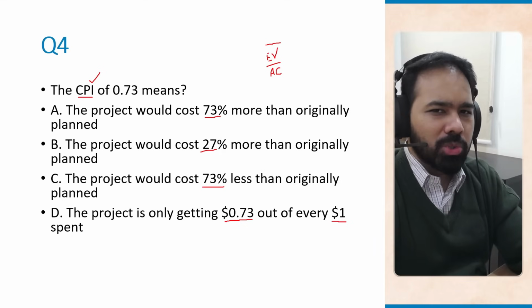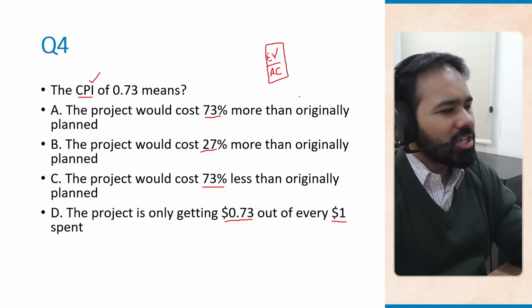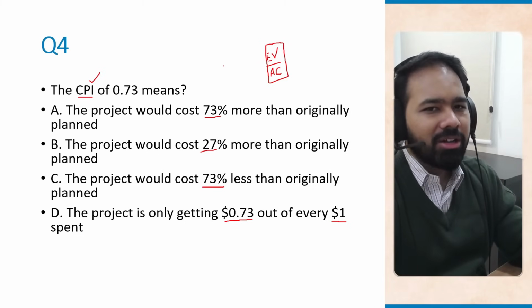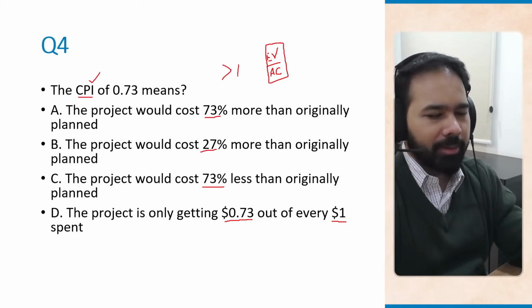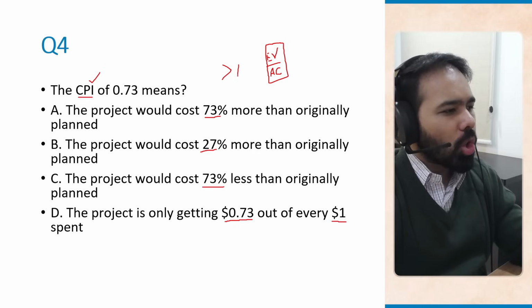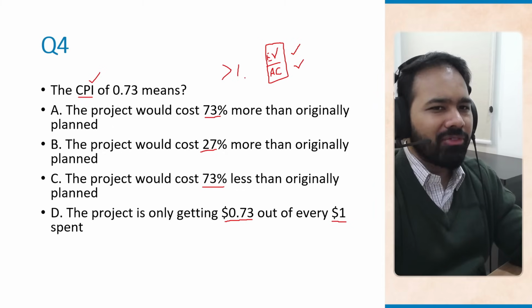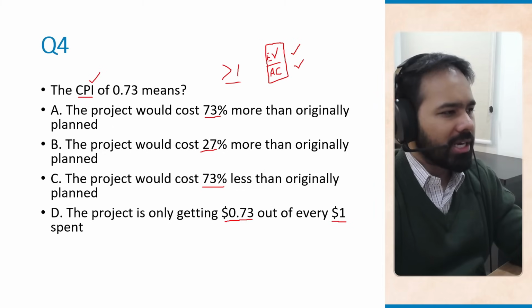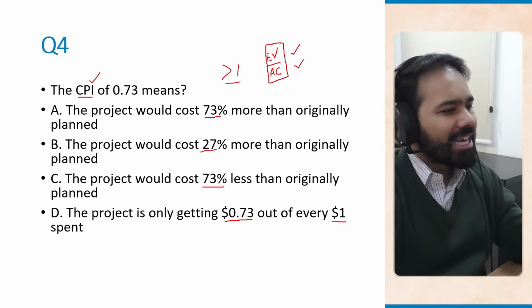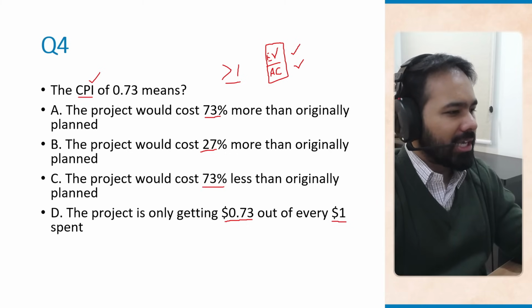And when you do so, if you think about it, what this means is wherever your CPI is greater than 1, that means the cost efficiency is good because you're dividing earned value by actual cost. So wherever the answer is greater than 1, it means the cost efficiency is good. You are getting more value than what you are spending.